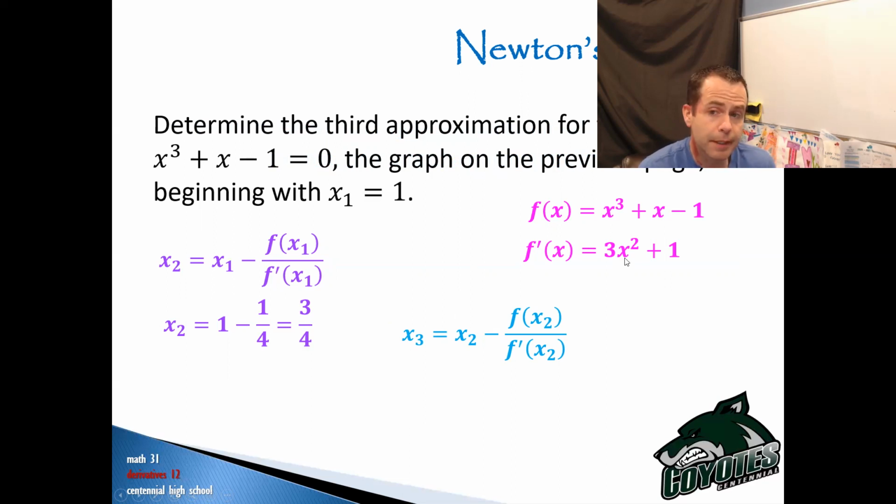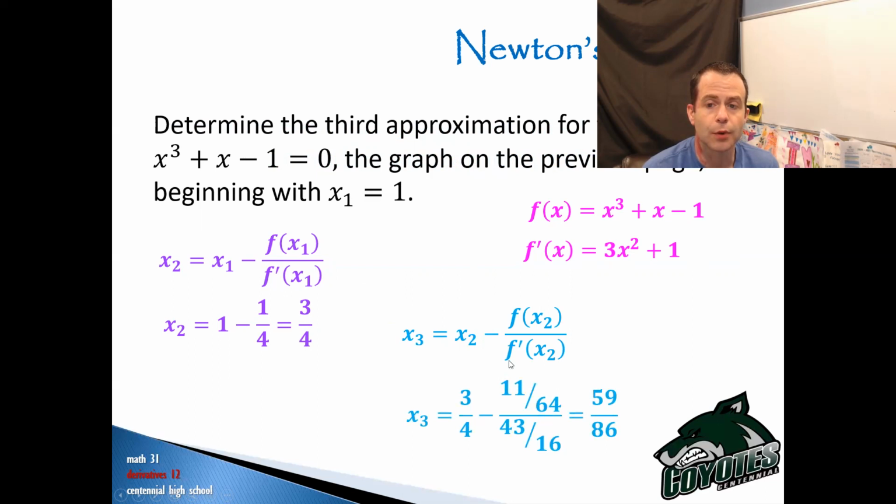And the derivative of x2, I plug in x2 for this guy. So I end up with 3/4 minus 11/64 over 43/16. And I get 59/86.